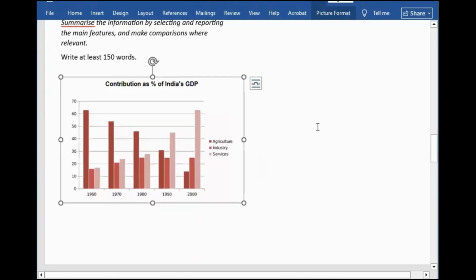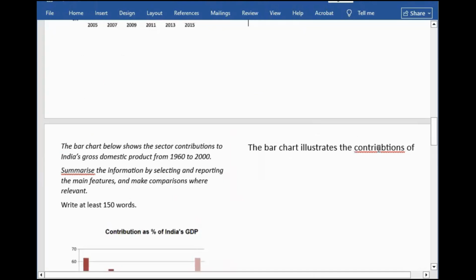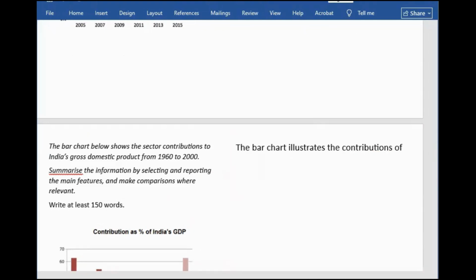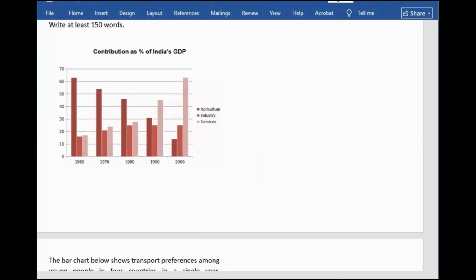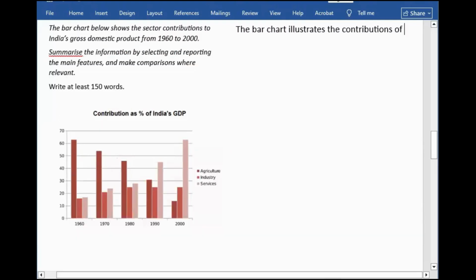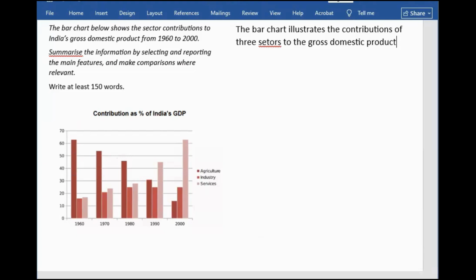Agriculture, okay. The contributions of what? The contributions of 3 sectors to the gross domestic product of India from 1960 to 2000. Full stop.